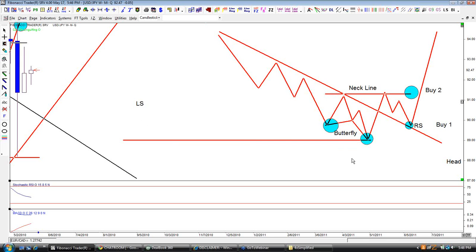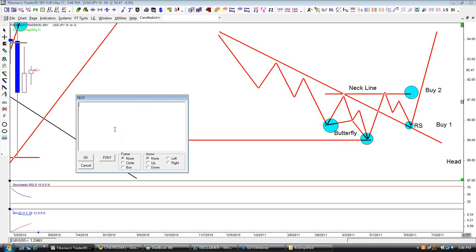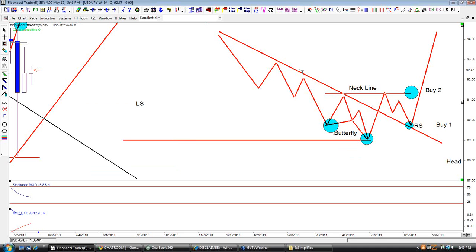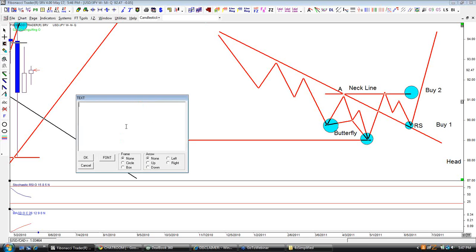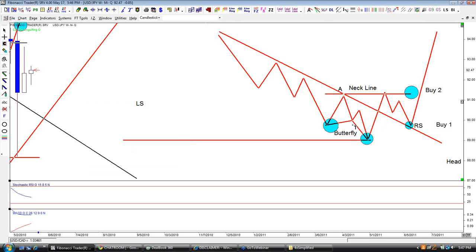So price forms a butterfly, takes the A. So we have A, B, C, D. I will draw those smaller so they can fit here.